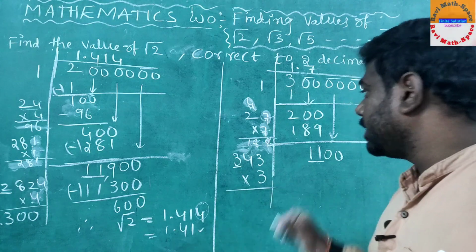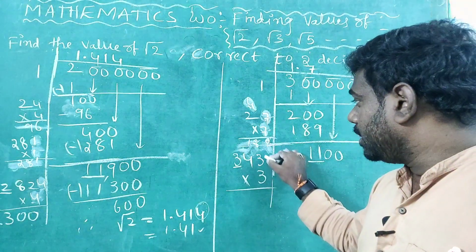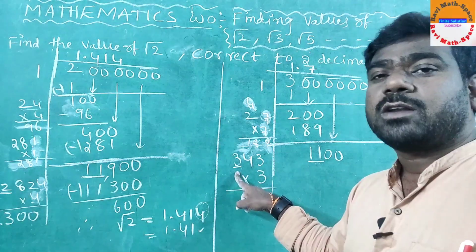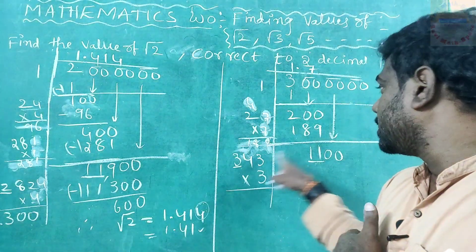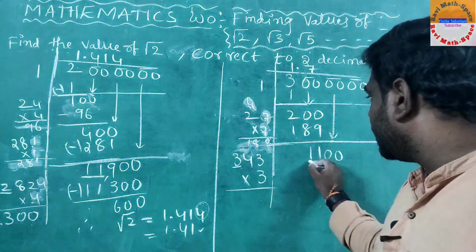Now multiply with 3. Or we can check the square also. Same process only. Instead of checking all squares, I am applying one logic: I am taking the nearest square directly. How? Here 1 digit considered, here also 1 digit.